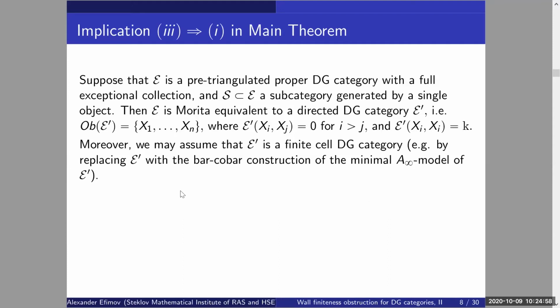For example, you can just take the minimal A-infinity module for this category and take the bar-to-bar construction. You will get exactly the path category of some directed quiver.